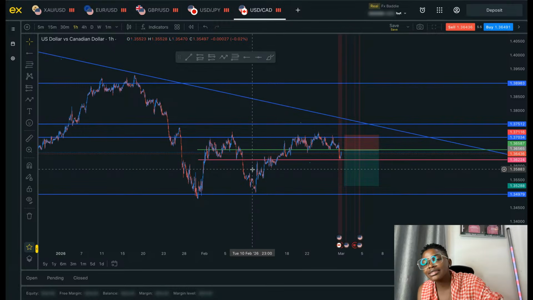Now, these green and red lines are actually our confirmations before we take any trade. Someone like me, as I've analyzed, if price does not break down my red line, I will not sell. If price does not go up and retest the green line, I am not placing that buy, I am not placing that sell. So the green and red lines, they are my confirmation.